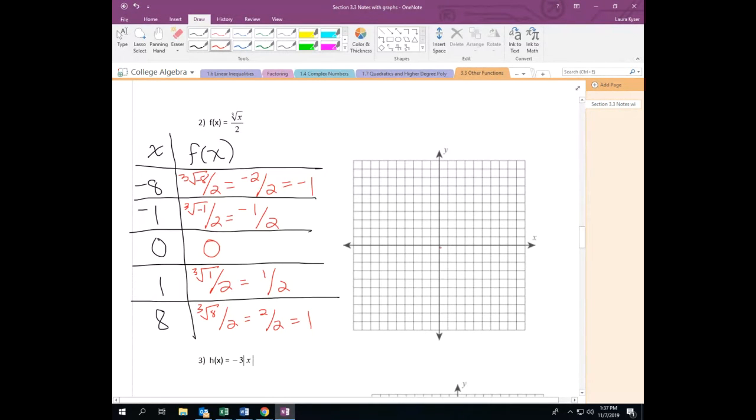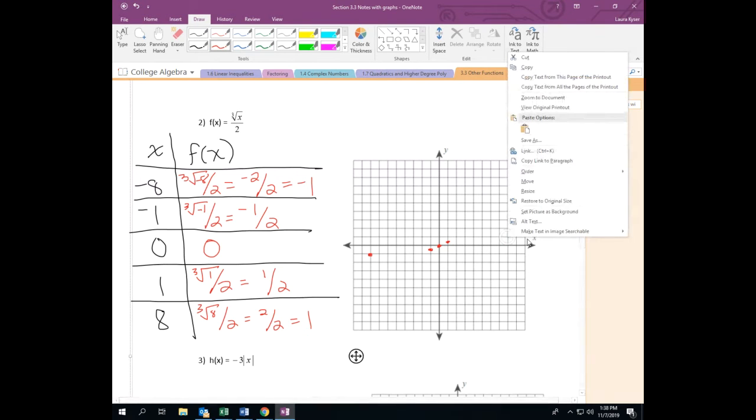We've got ordered pairs -8, -1. And I don't know if I'll ever be able to connect this correctly. I'll try. We've got -1, -1/2, which is right there, 0, 0. We've got 1, 1/2, which is right about here, and then 8, 1, which is right here.